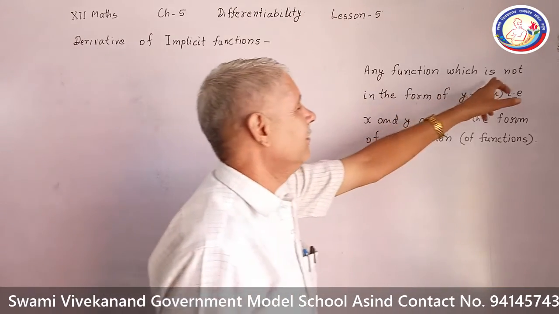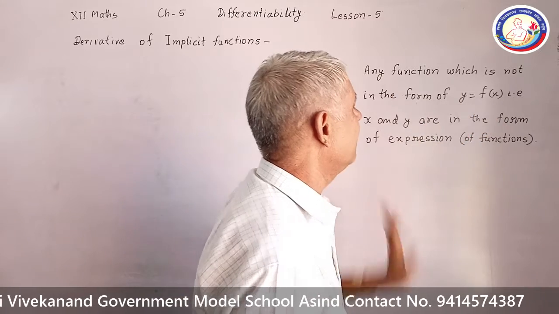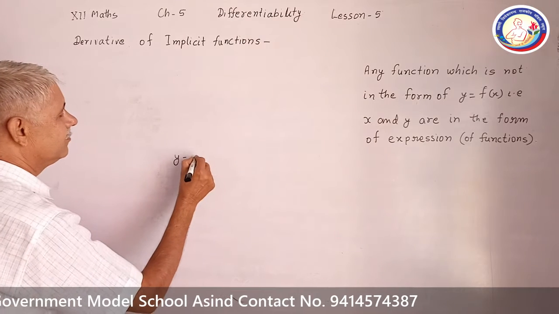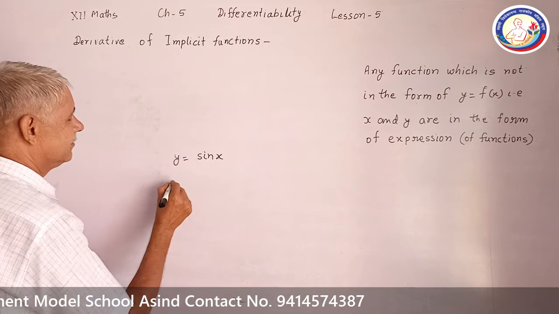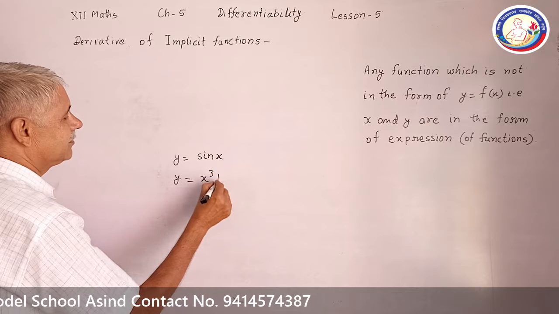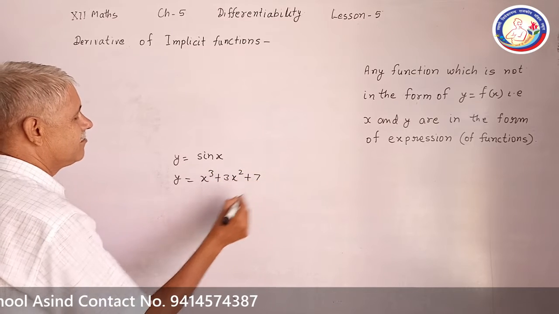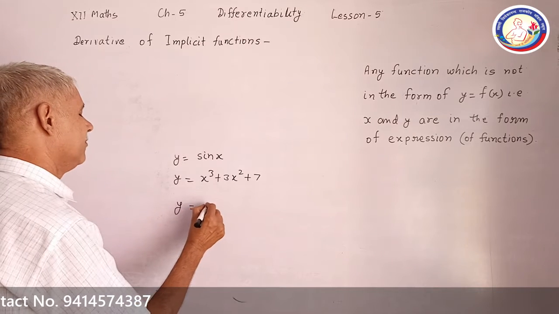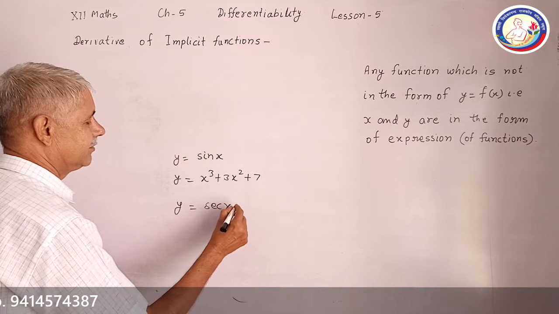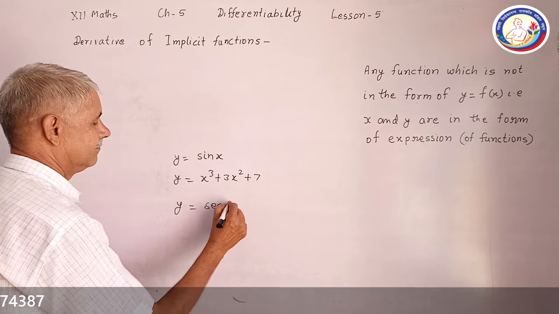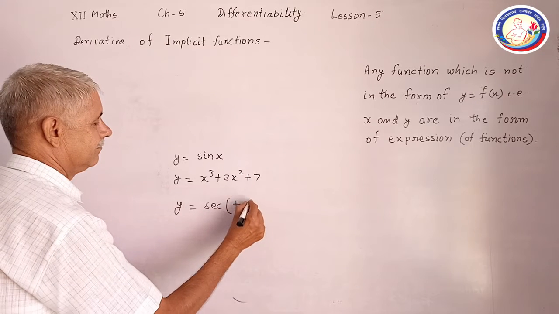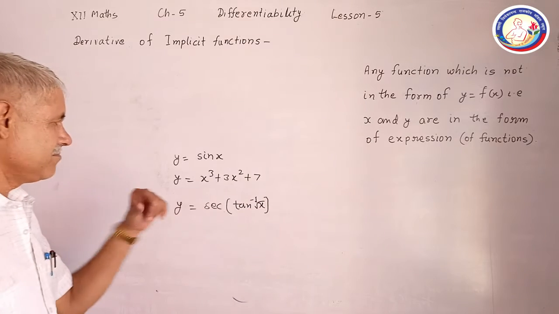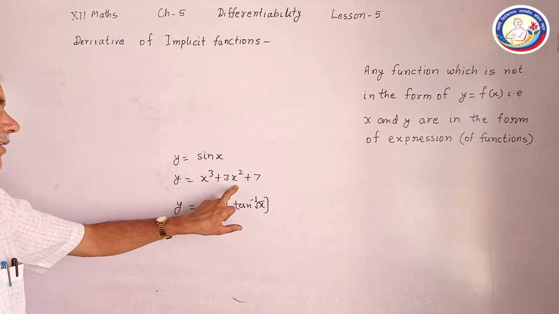If any function is not in the form of y equal to f(x), just say we have studied up to this time y equal to sin x, y equal to x cube plus 3x square plus 7, y equal to sec x, etc. This is a polynomial function.